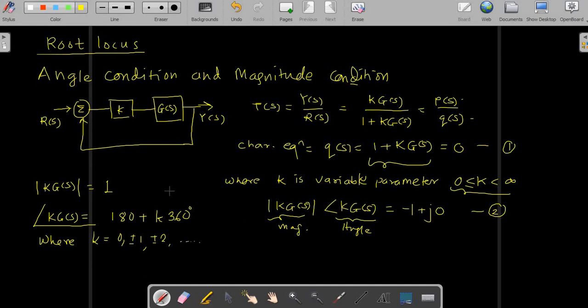So this is the magnitude condition and this is the angle condition, right?